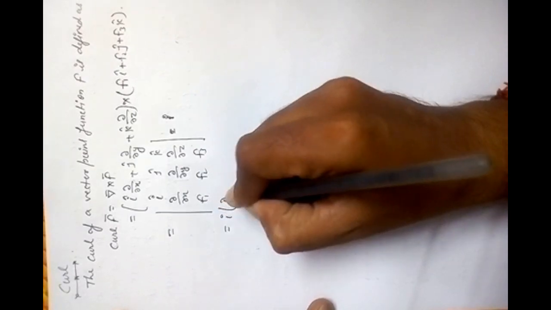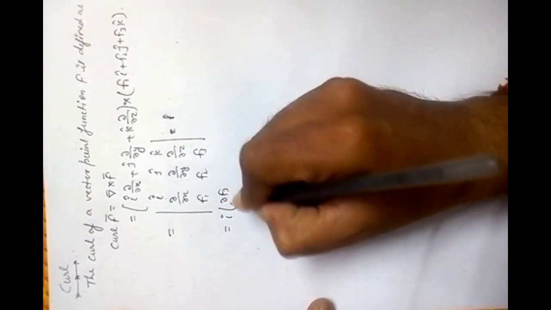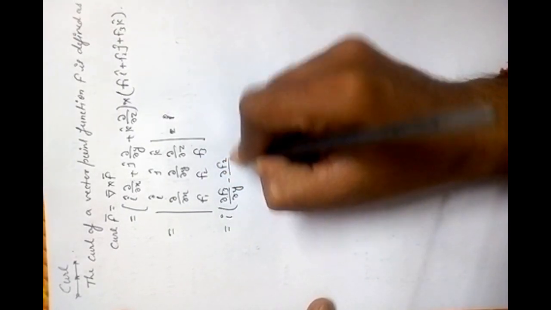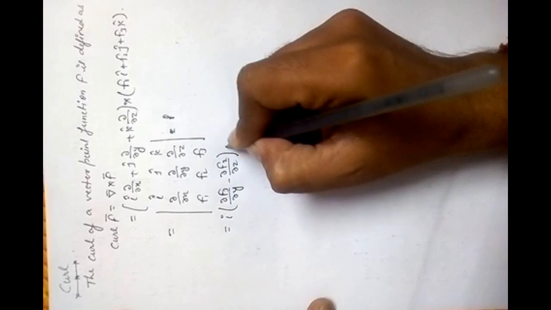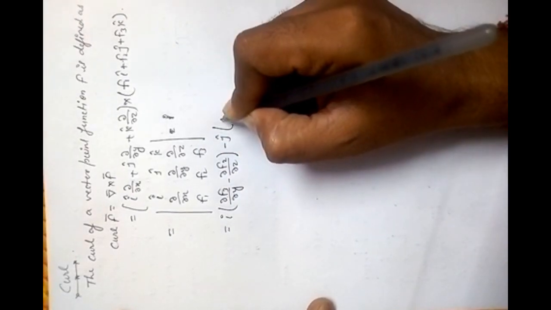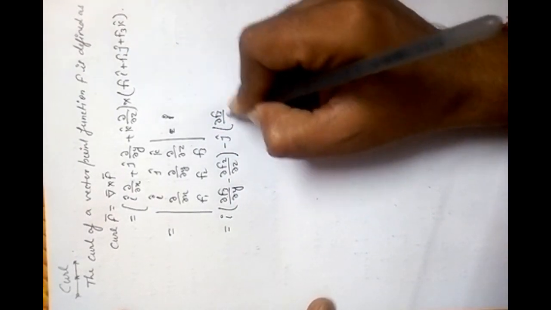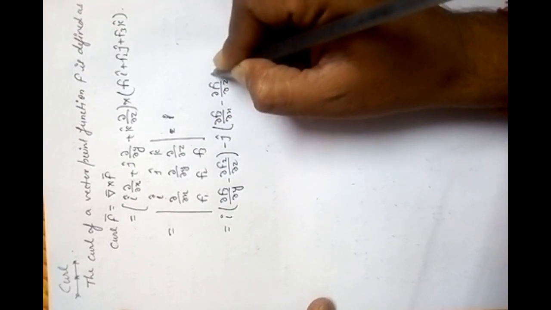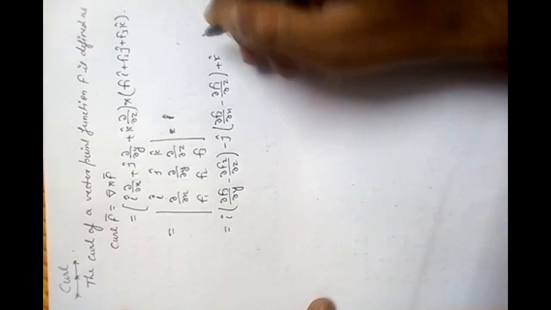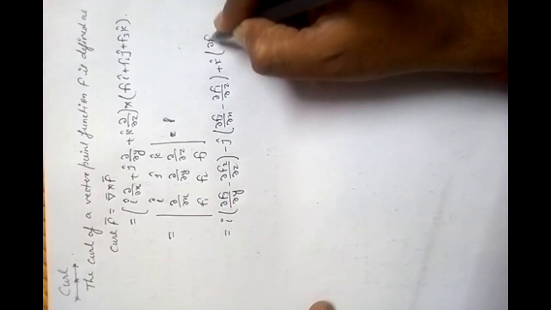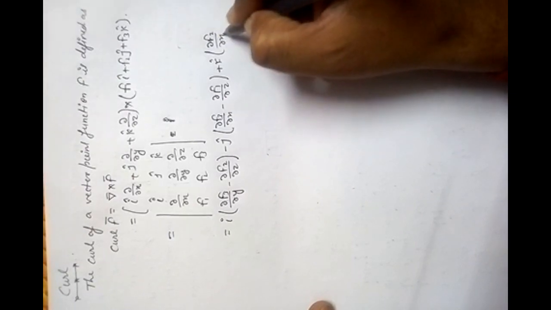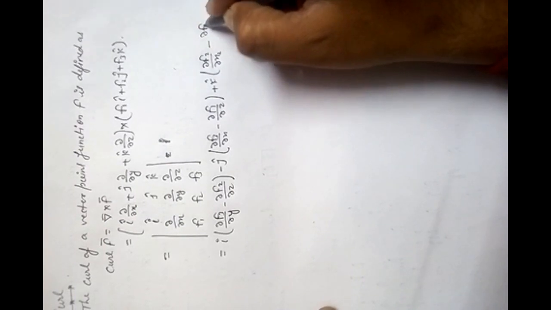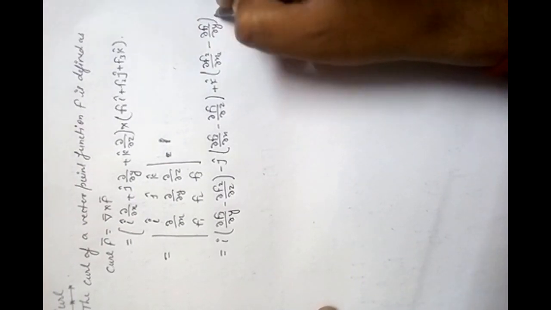I (del f3 upon del y minus del f2 upon del z) minus j (del f3 upon del x minus del f1 upon del z) plus k (del f2 upon del x minus del f1 upon del y).